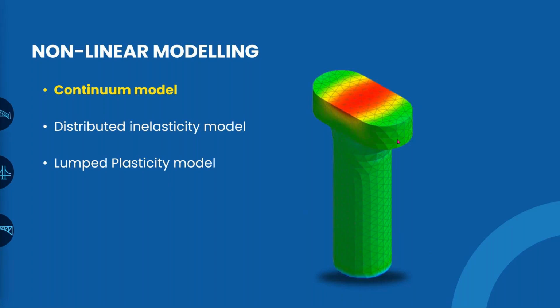The reason being the time required to analyze this structure is very large, and the amount of data or results produced in this kind of modeling is very large, and it is very difficult to extract the results from the continuum model. So engineers simplified this type of structure to use a distributed inelasticity model.